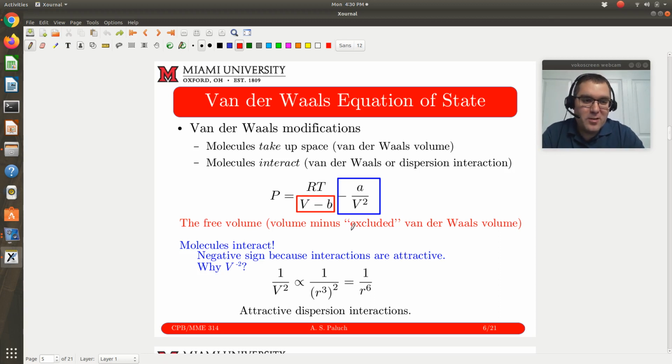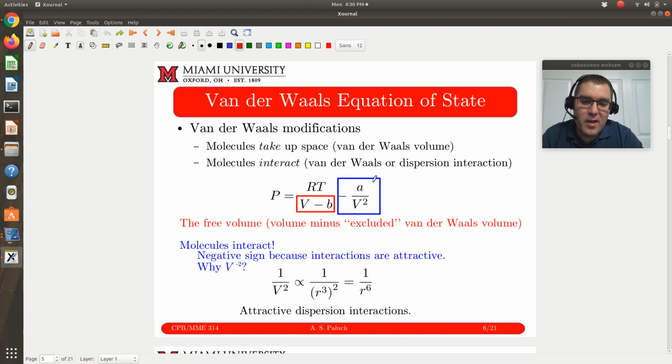But it's not something that's derived from first principles, some theoretically correct equation. We're trying to develop some quantitative equation which we can use to make improved predictions as compared to the ideal gas equation of state. So you account for the fact that molecules take up space and the fact that molecules interact.